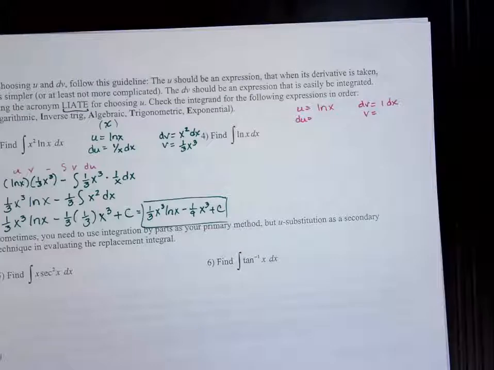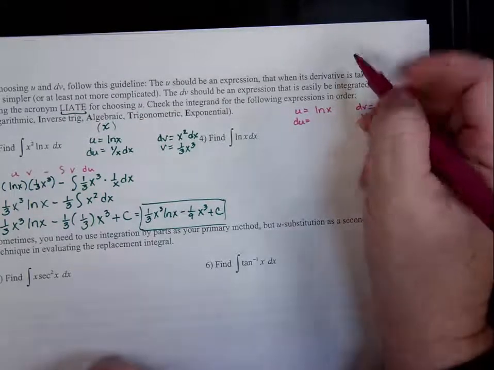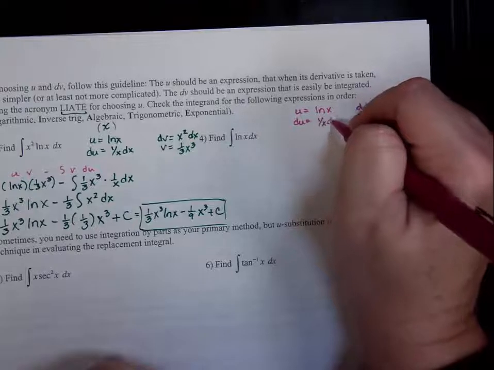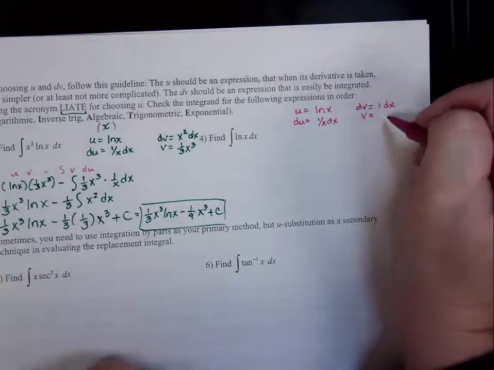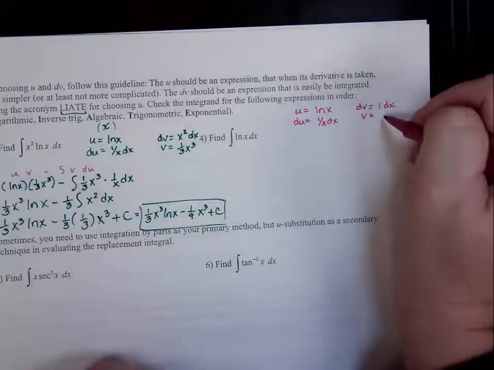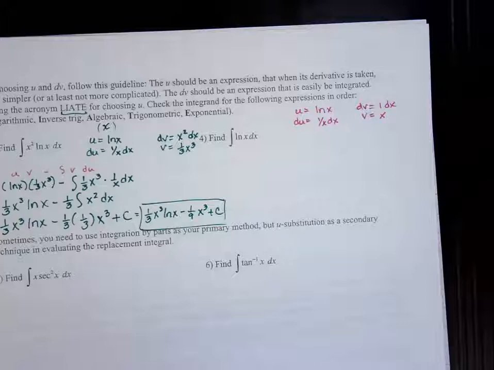Okay? Now the next step is to do line 2. What is du? 1 over x dx. We just did that one a minute ago. Now be careful. v is equal to x. The antiderivative of 1 dx is x. Okay?